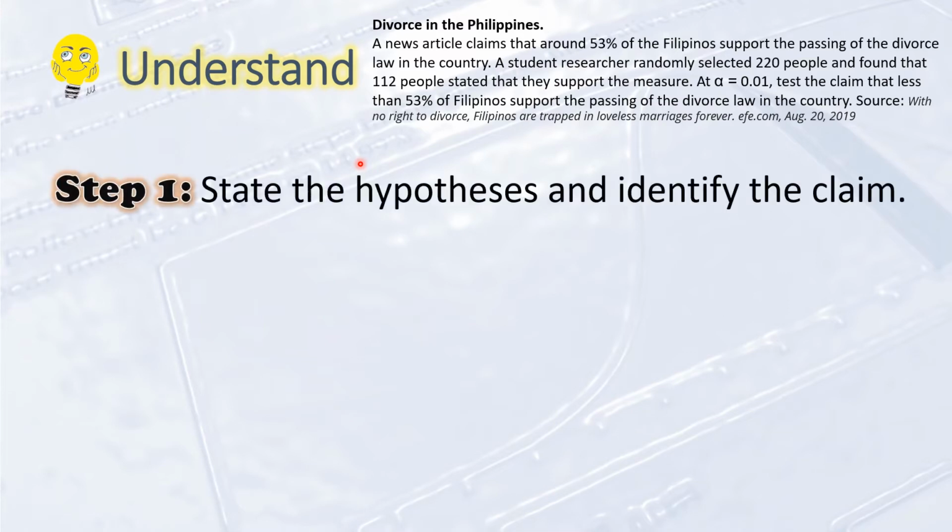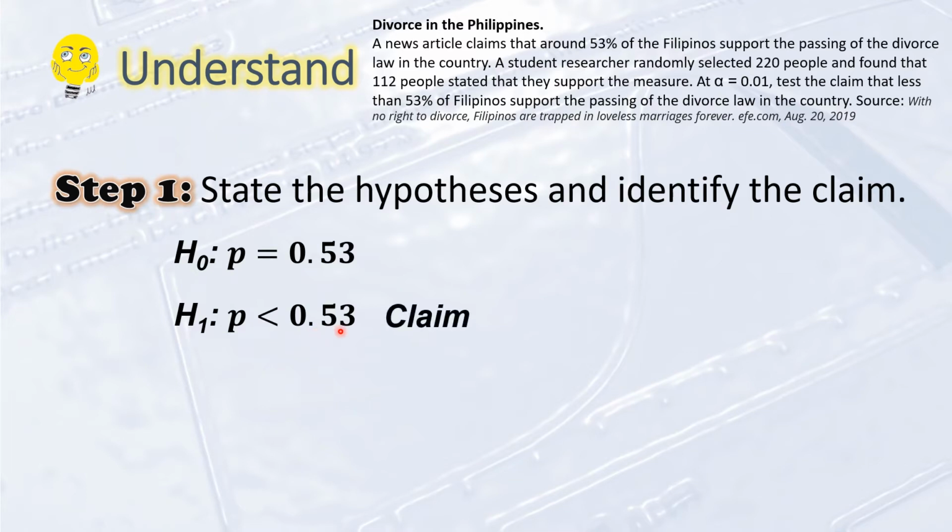Let us begin with step 1. State the hypothesis and identify the claim. In this problem, the null hypothesis p is equal to 0.53 and the alternative hypothesis p is less than 0.53, that is from 53%, and this is the claim.